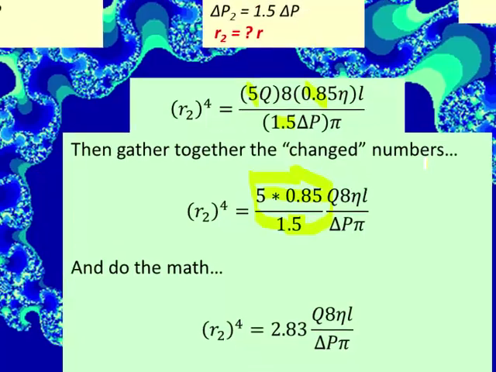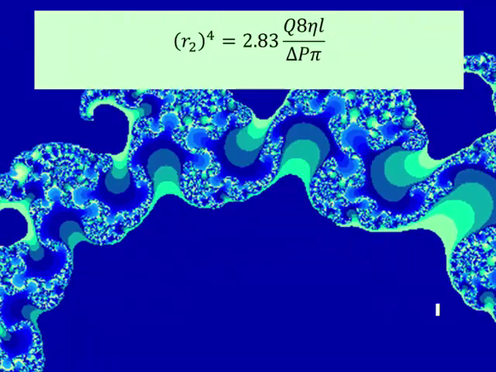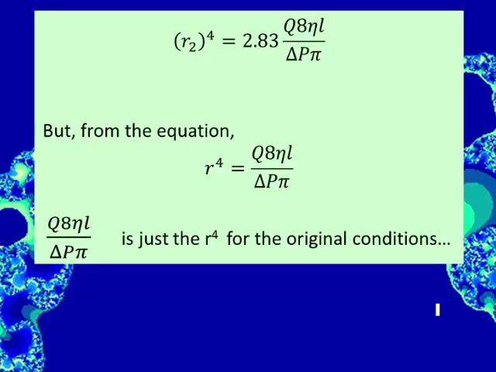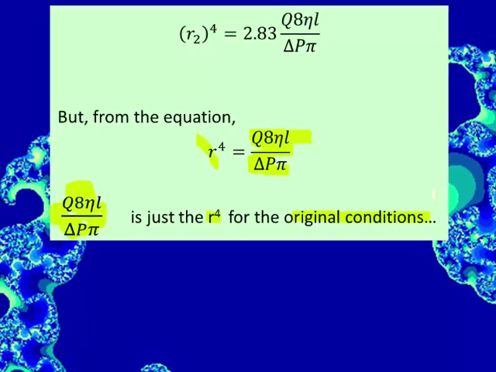where Q, viscosity, and change in pressure is the original situation. So we have this number, but from the original equation, we know that the original radius, not R2, but R to the 4th, is equal to Q8 eta L divided by delta P pi. So this set of letters is really just the original radius to the 4th power for the original conditions.